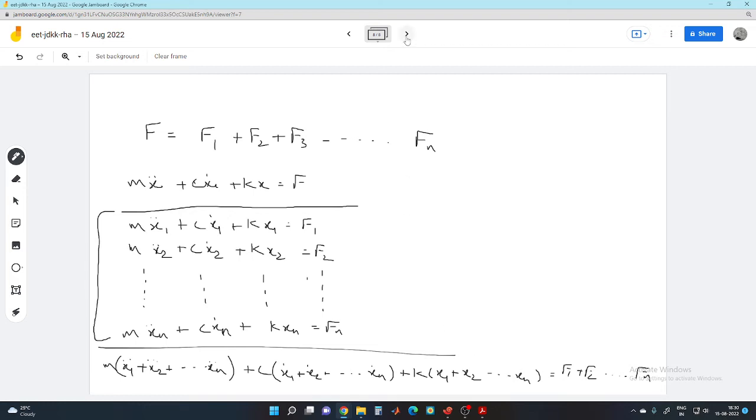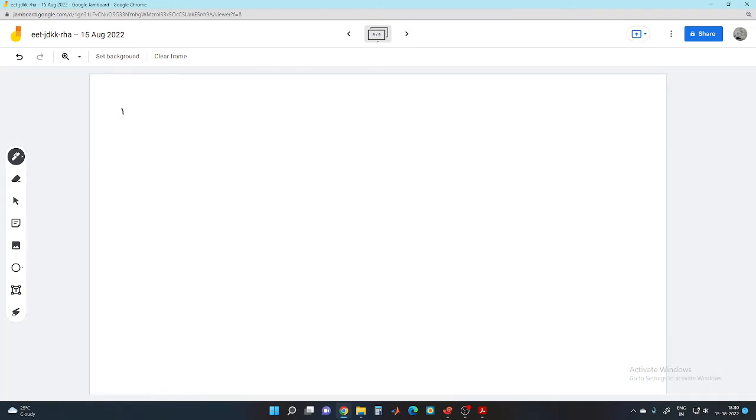That means m x double dot plus c x dot plus k x equal to f has a complete solution as x equal to x1 plus x2 plus up to xn.